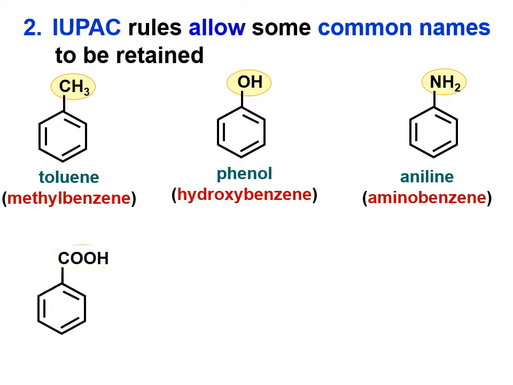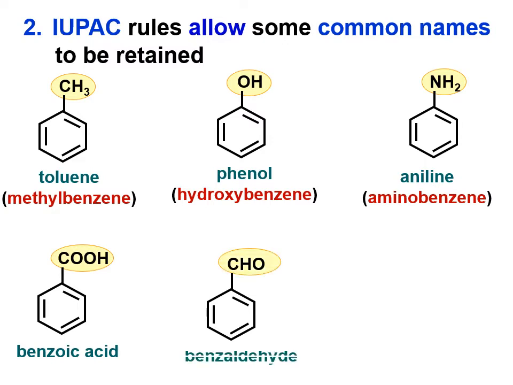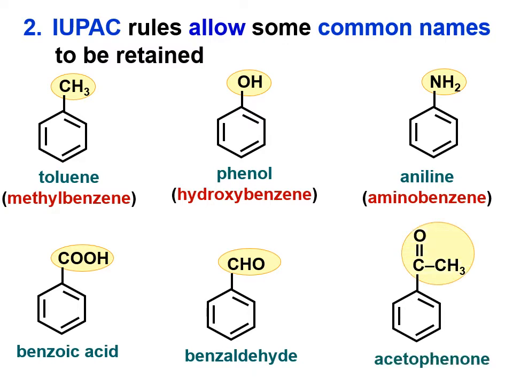Carboxyl group will be benzoic acid. When you have your aldehyde, the carbonyl group attached to the benzene, it will be known as benzaldehyde. And the ketone attached to the benzene will be known as acetophenone. So normally we will use the common name instead of the IUPAC name.